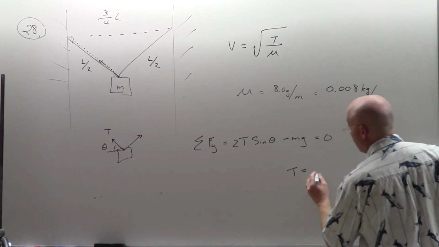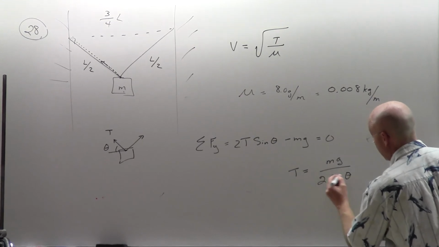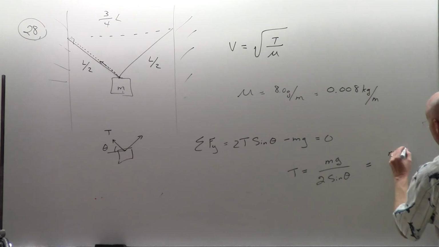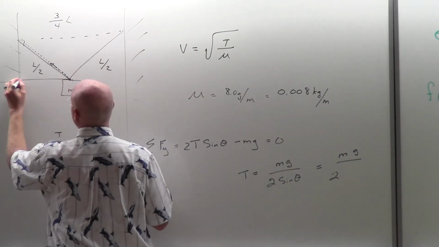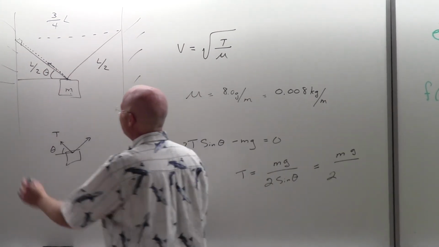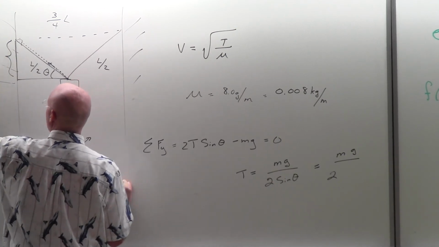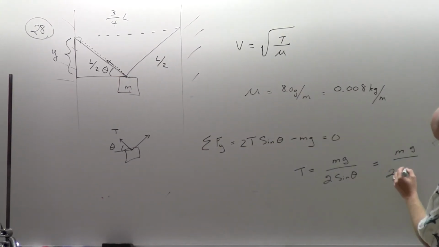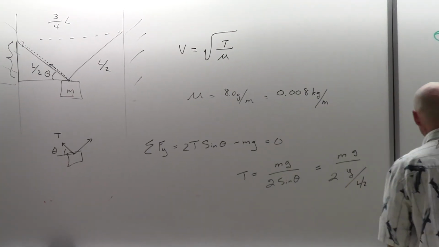So the tension would be mg divided by 2 sine theta, right? And sine theta would be this piece opposite, which at the moment I guess I'll call y, over the hypotenuse. So y over L over 2.